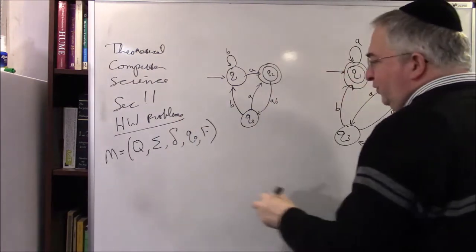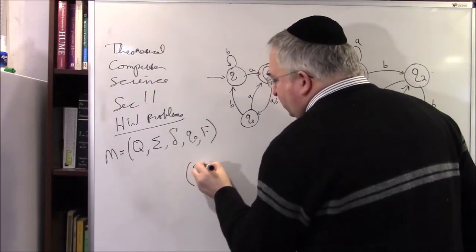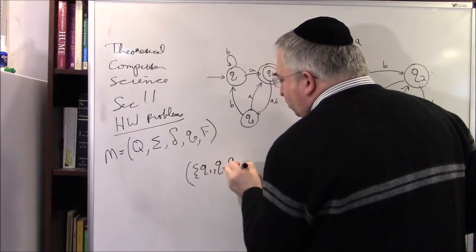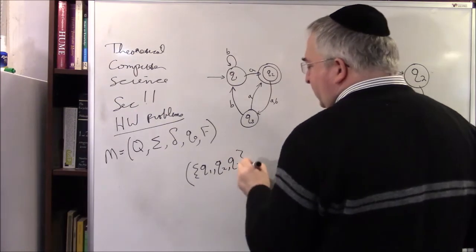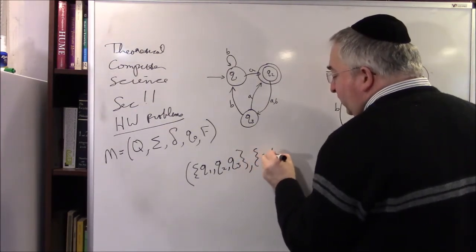Okay, so let's do it for each one. It's going to be the set Q1, Q2, Q3. That's the set of states. The alphabet is A, comma, B.